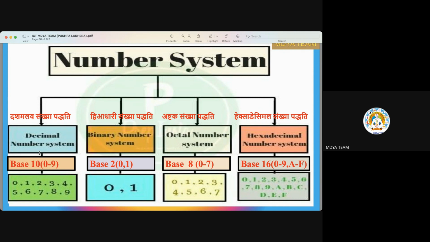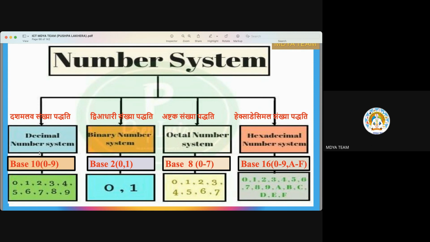In octal, the base is 8 because the digits are 8. In octal, we use 0 to 7. All right, just remember these things. In hexadecimal, we use 16 digits, so the base is 16. 0 to 9 is 10 digits, and after that, two more digits, 10 to 15.